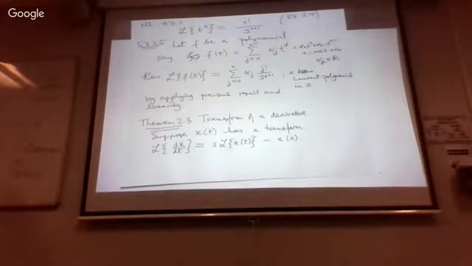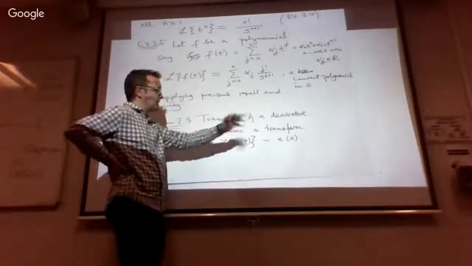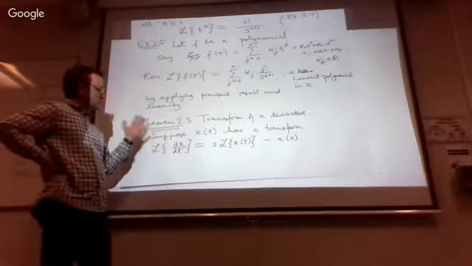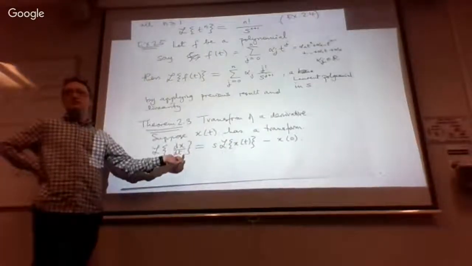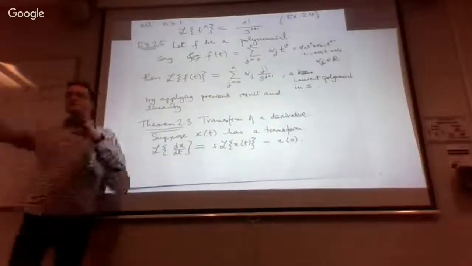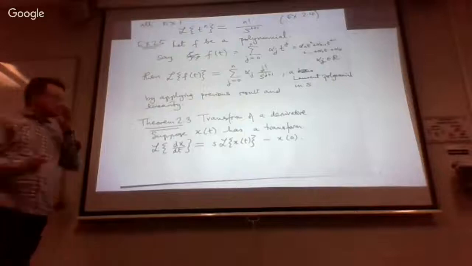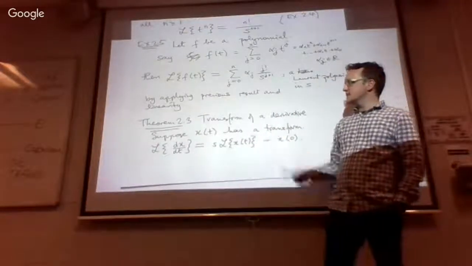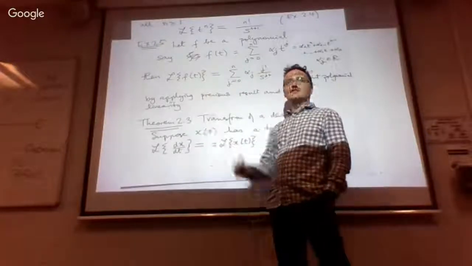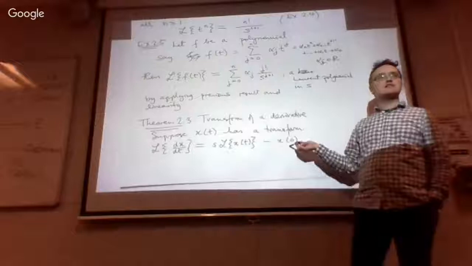What this theorem is telling us is that there is a very strong, strict, well-defined relationship between the Laplace transform of x and the Laplace transform of its derivative. They are not two wildly different functions. There's an extremely strong connection. Whatever the Laplace transform of x is, the Laplace transform of its derivative is just s times the transform of x minus this constant.